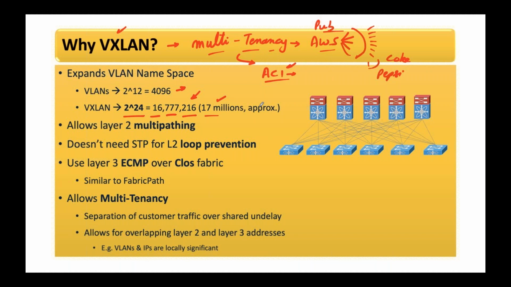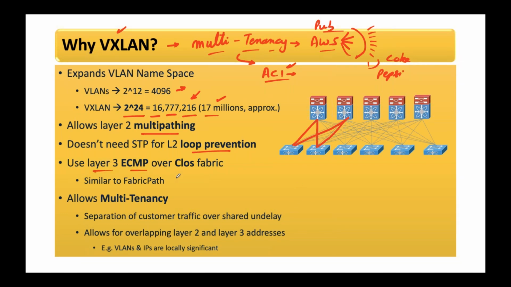All right. Besides it, VXLAN has many other qualities like layer 2 multipathing and loop prevention by virtue of its connectivity itself. There is no scope of having a loop.